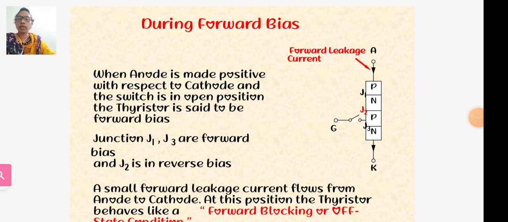When we are increasing the voltage, at a particular voltage, the thyristor will break down. That breakdown is called avalanche breakdown, and the voltage at which the junction J2 will break down is known as the forward breakover voltage.